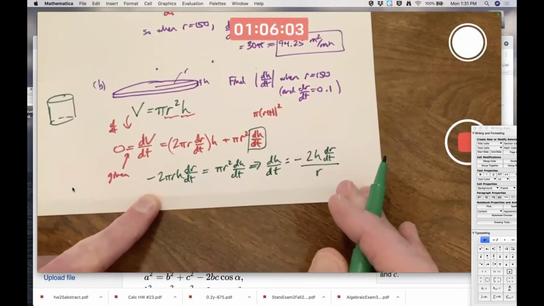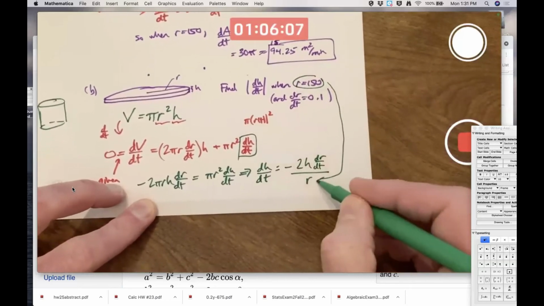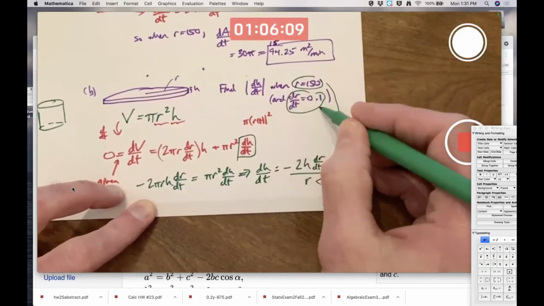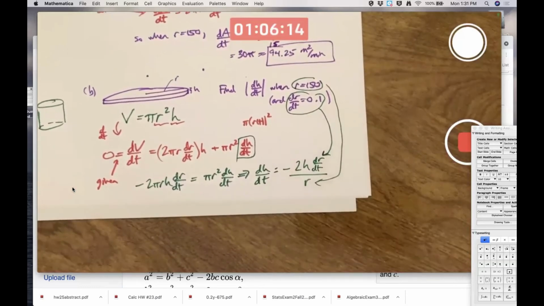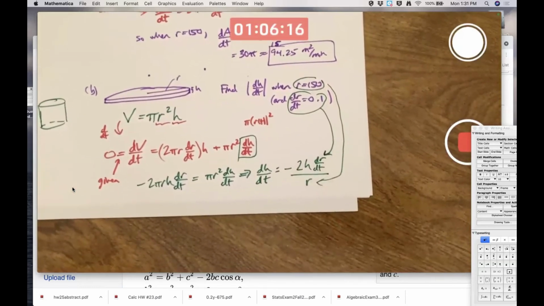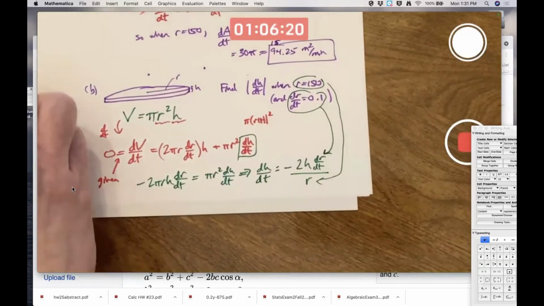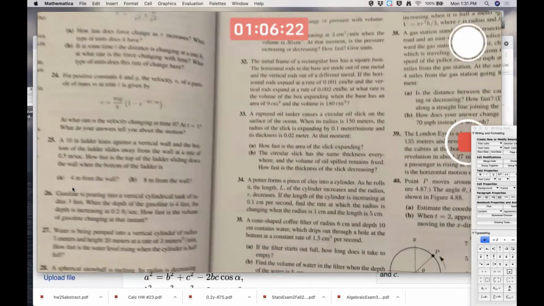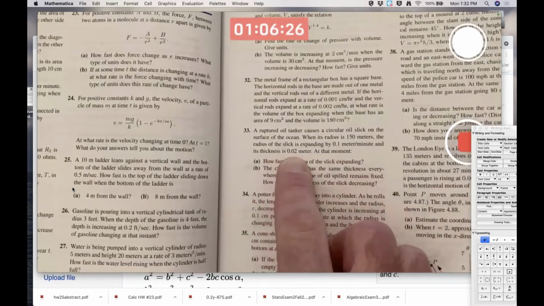Now I can plug in numbers. I can plug in r equals 150. I can plug in dr/dt equals 0.1. What should I plug in for h? The one piece of information we have not used: that at this moment in time, h is 0.02 meters.